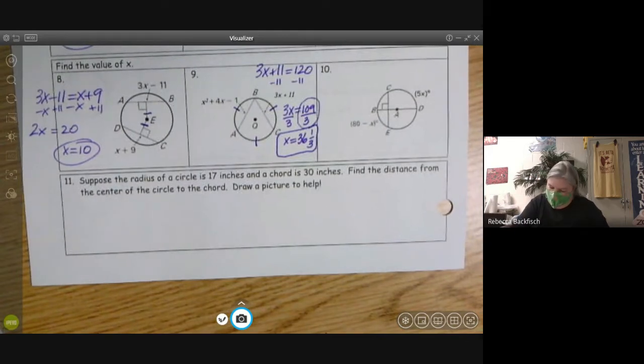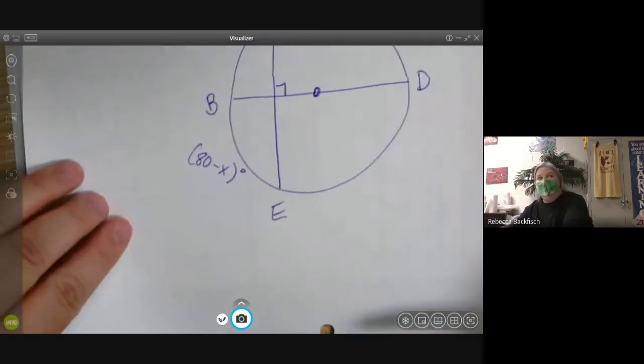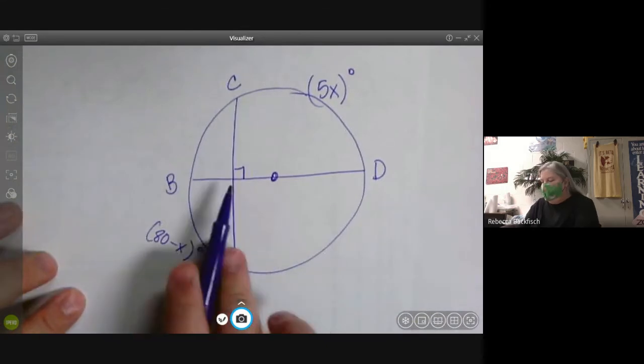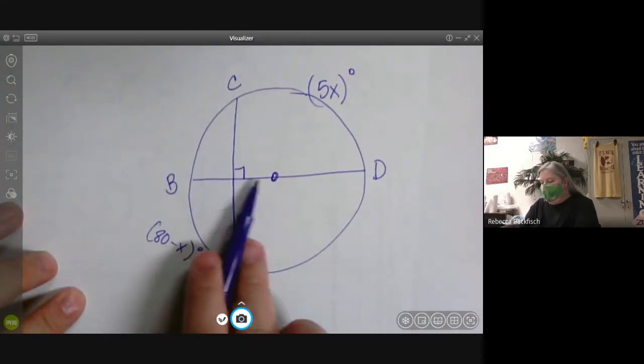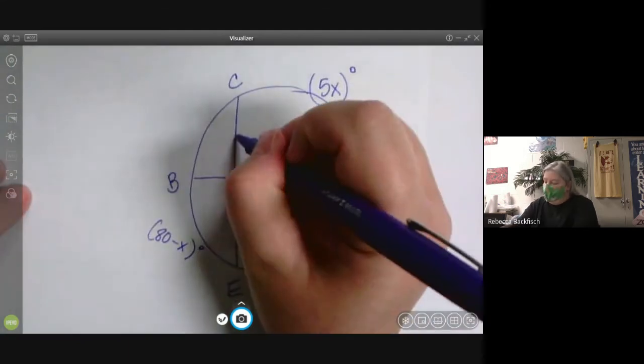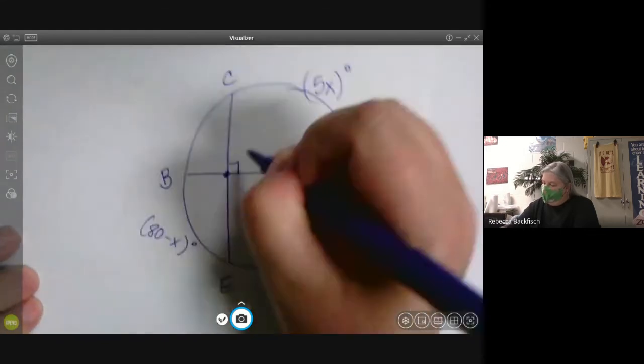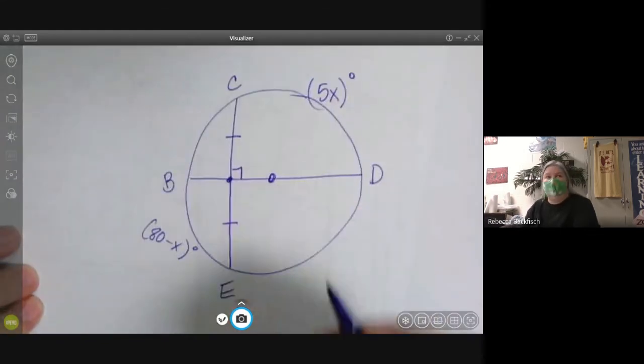Okay, they tell me that this part is 5x degrees, and this part is 80 minus x degrees. And I've got this. Okay. So I have the two things I need, the right angle and knowing it's a diameter, to be able to say that this segment and this segment are the same.